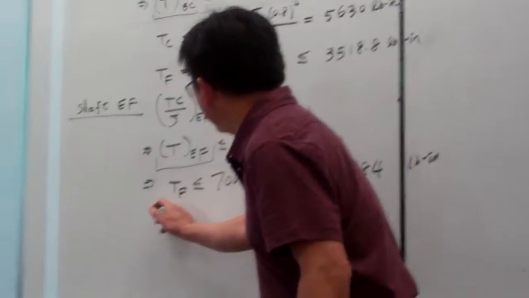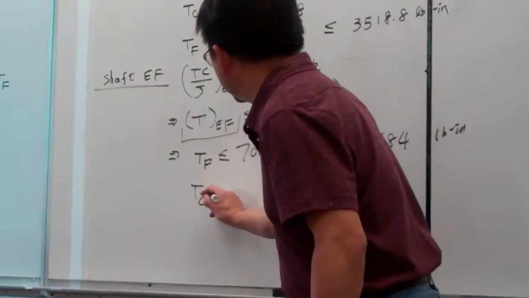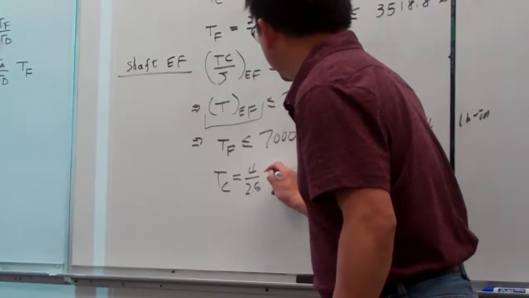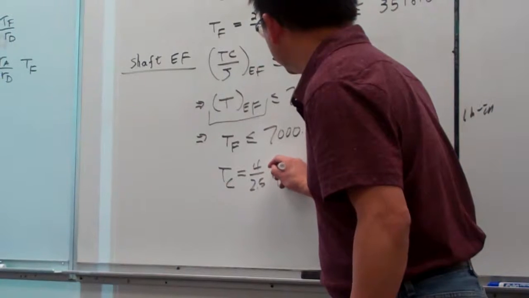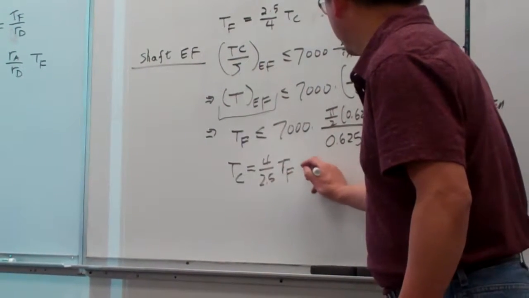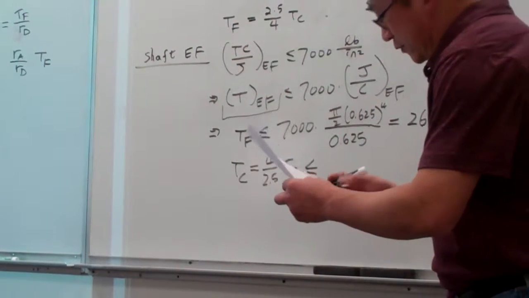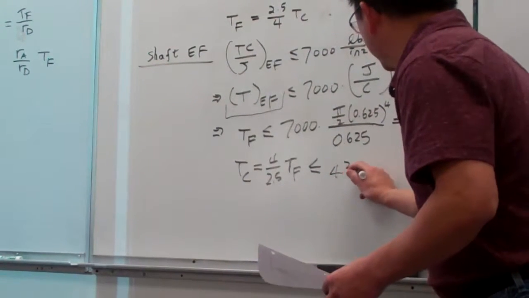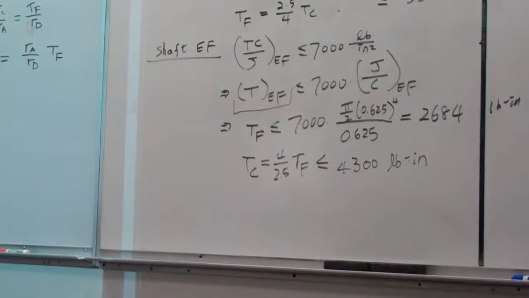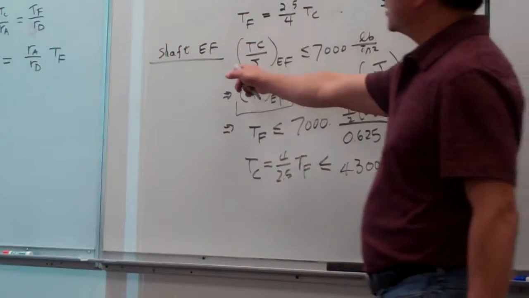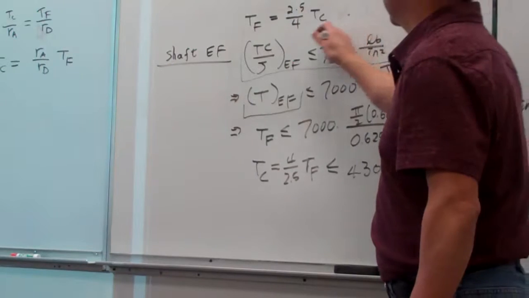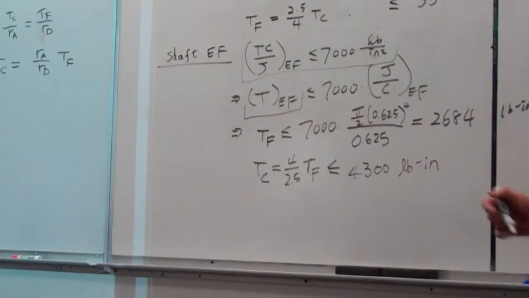And then, therefore, using our relation TC equals 4 divided by 2.5 TF, this one will be less than or equal to 4300 pounds per inch. To make the shaft EF satisfy these design criteria, we have the numbers here.